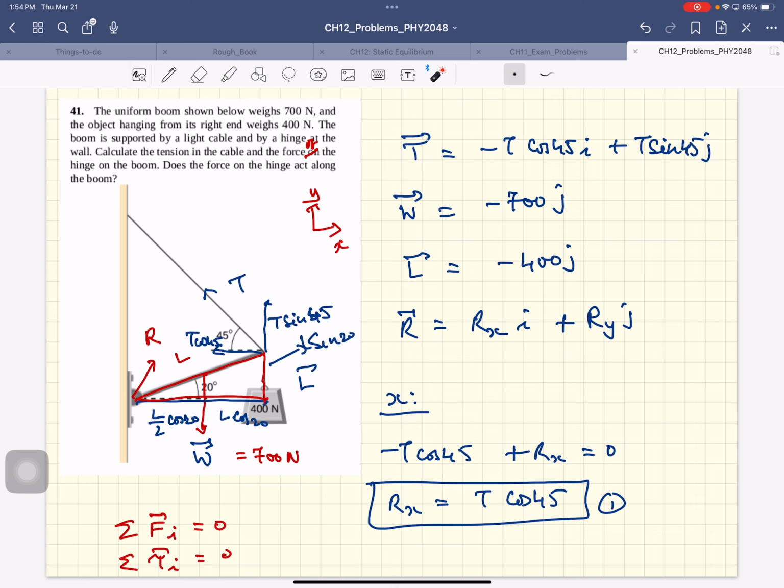All right, again, this is a clockwise torque. This force is providing a clockwise torque. This force is providing a counterclockwise torque. This force is providing a counterclockwise torque. When I say counterclockwise torque, it's rotating this beam counterclockwise about that point.